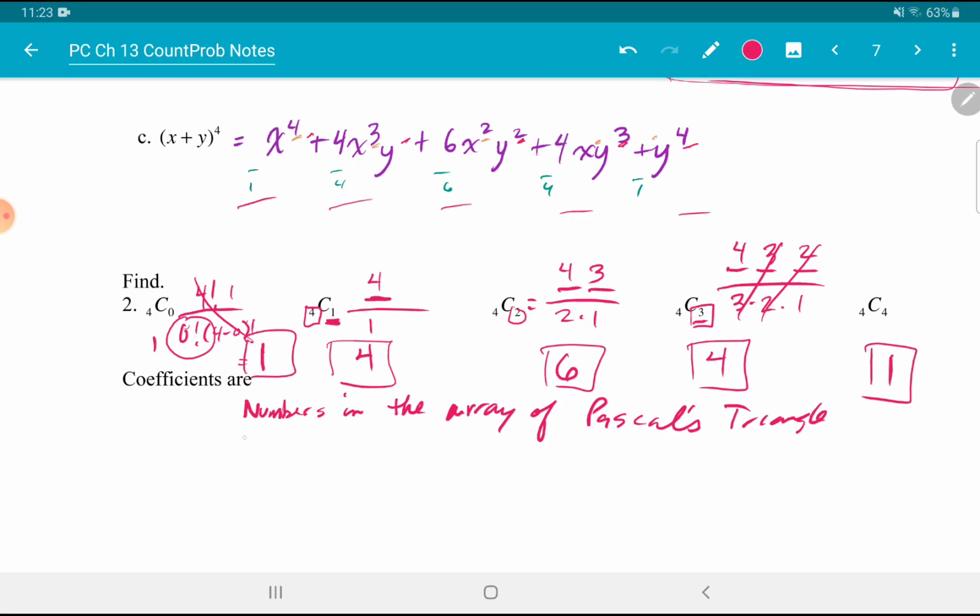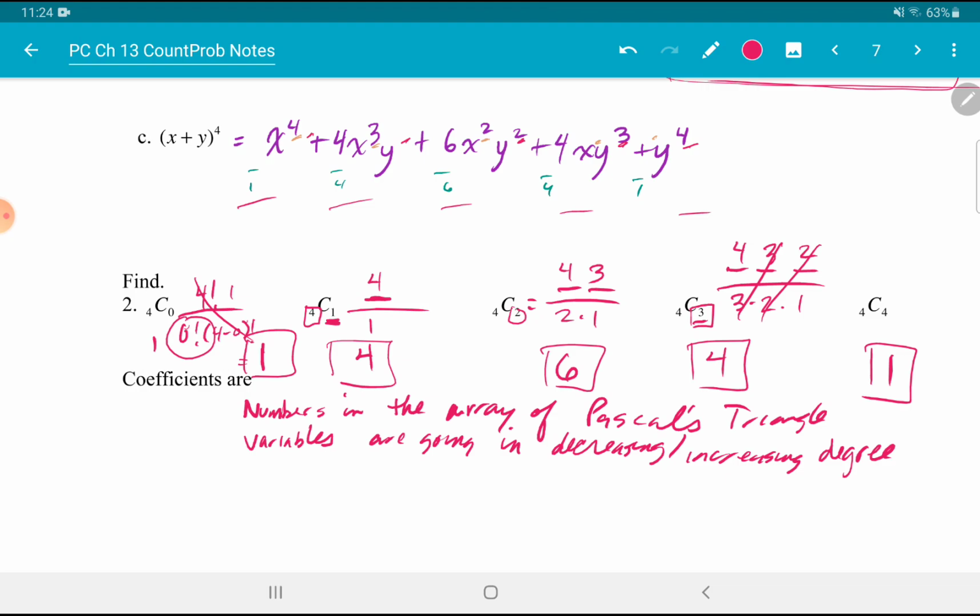And then what we also saw were that the variables were either going in decreasing or increasing order, or let's say degree, depending on which variable you were referring to, the first variable or the second variable.